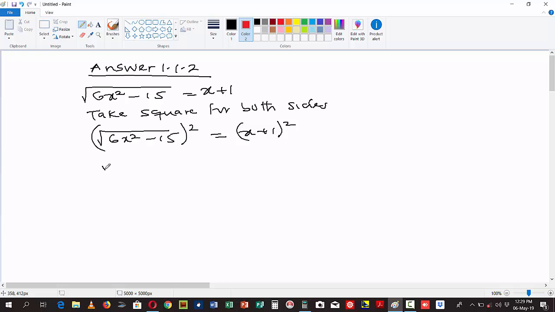Now we are going to have the square root of 6x squared minus 15 square equal to x plus 1 into x plus 1. Now that is what we are going to have.